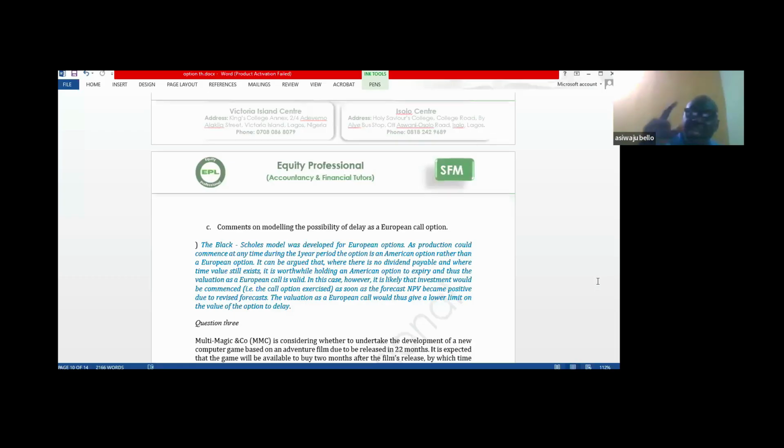If the company decides to exercise its rights at the end of 12 months, then the valuation as a European option is valid. But if the company decides to exercise its rights within 12 months, then that valuation above will not be valid, because that will take us to an American option.